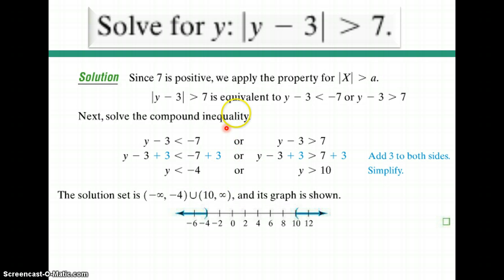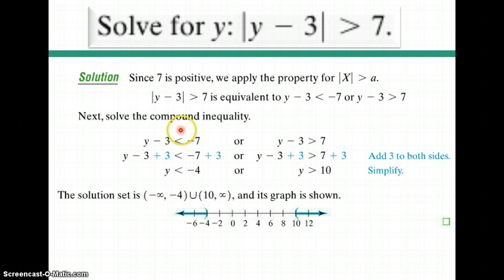By using the property of absolute value, y minus 3 greater than 7 is equivalent to y minus 3 less than minus 7 or y minus 3 greater than 7.